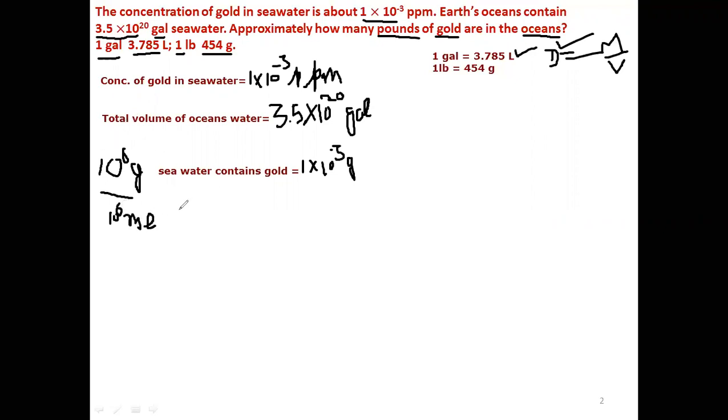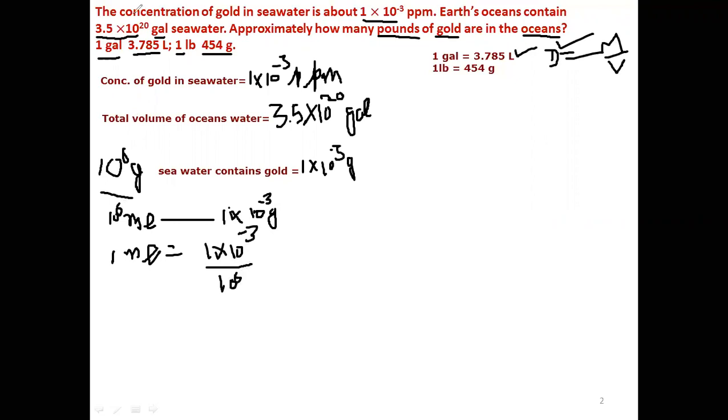So 10 raised to the power 6 ml sea water contains gold how much? 1 into 10 raised to the power minus 3 gram. So 1 ml will contain, simple unitary method, 1 into 10 raised to the power minus 3 divided by 10 raised to the power 6.